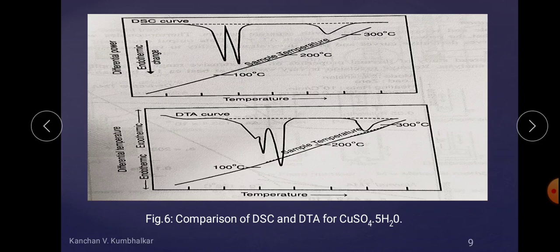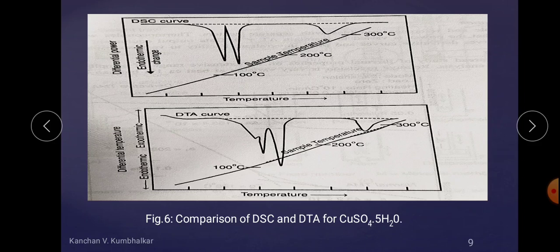In a DSC curve, we can identify that the temperature is placed on the x-axis, which is similar to the DTA curve. But in a DSC, the differential power, the power supplied to the sample and reference, is mentioned on the y-axis, meaning the comparison is between differential power versus temperature.